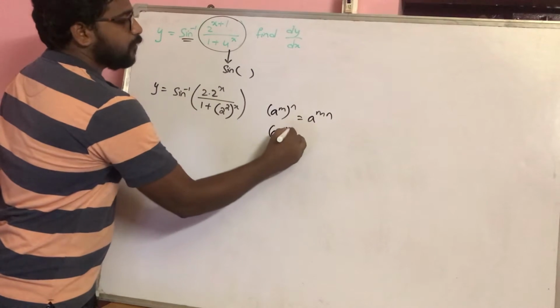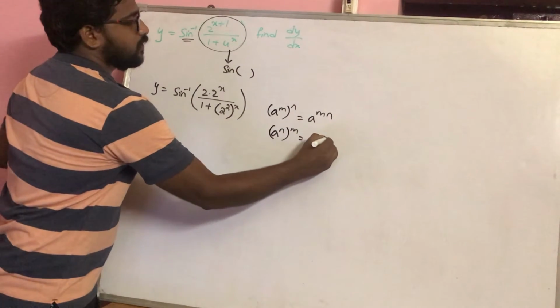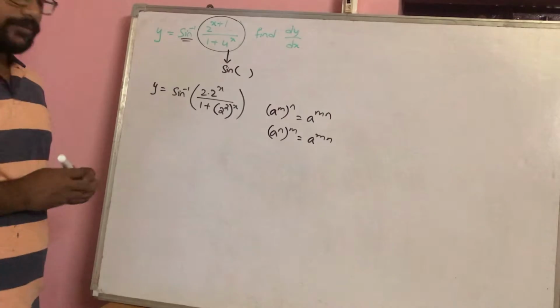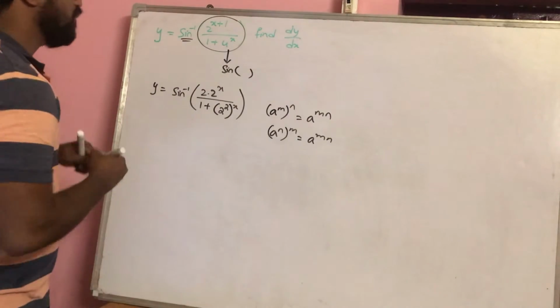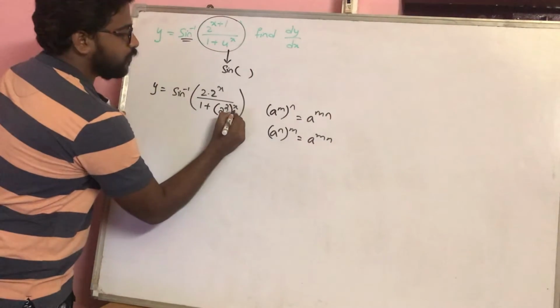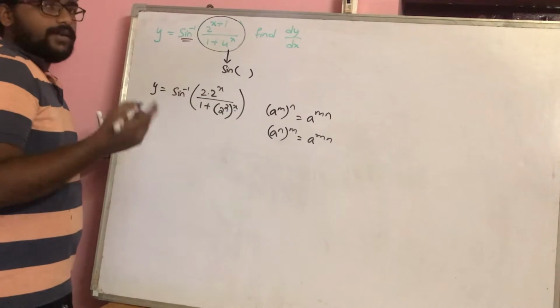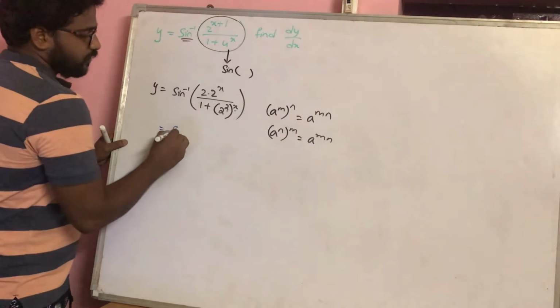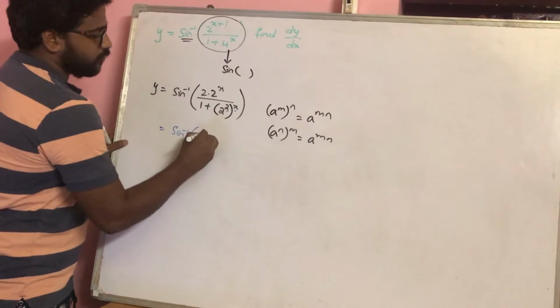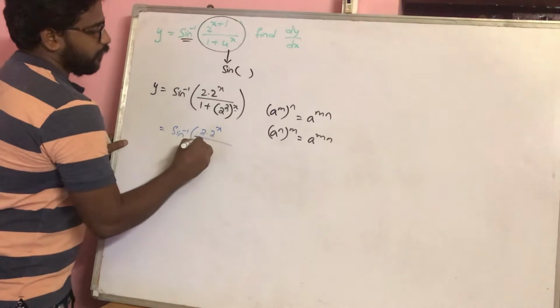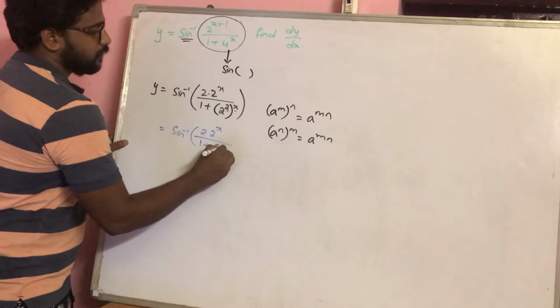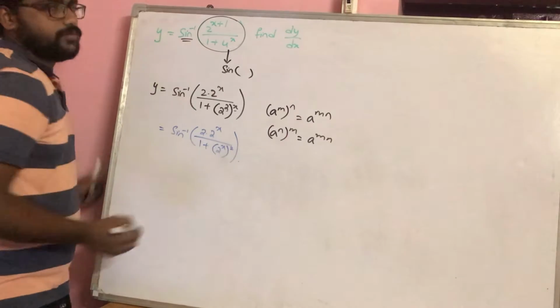Even if you swap the positions of the powers, you still get the same answer. Now I will try to swap the positions of these two. Why, I will let you know in the next step. So this is equal to sine inverse of 2 into 2 power x divided by 1 plus 2 power x whole square.